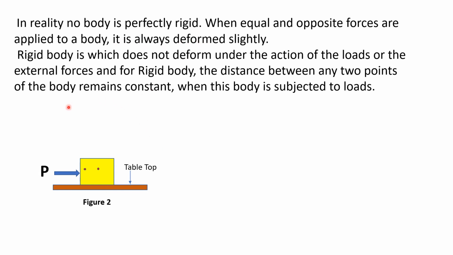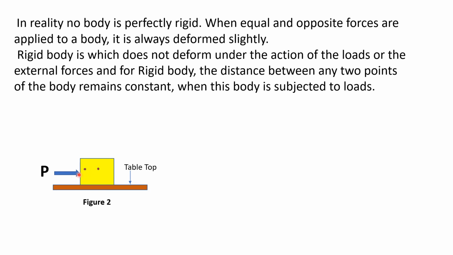But now let us see, say this is a body here and it is on the tabletop. For this body, if I apply a force in the positive x direction, say this is a wooden cube and these are the 2 points which I am considering, and this is the distance between the 2 points. Now what happens?